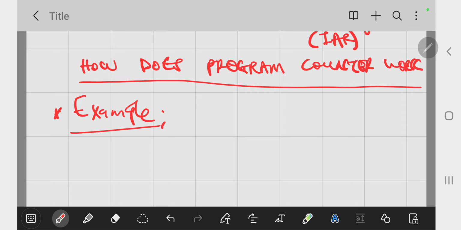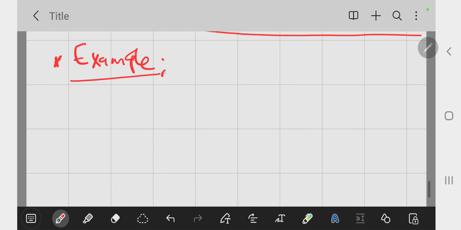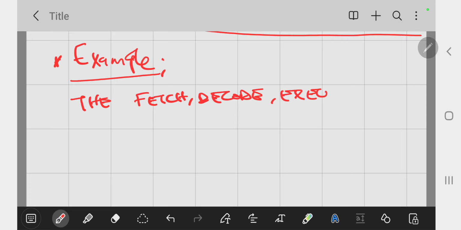So let's move on with our example. I shall call this example the fetch, decode, execute cycle.